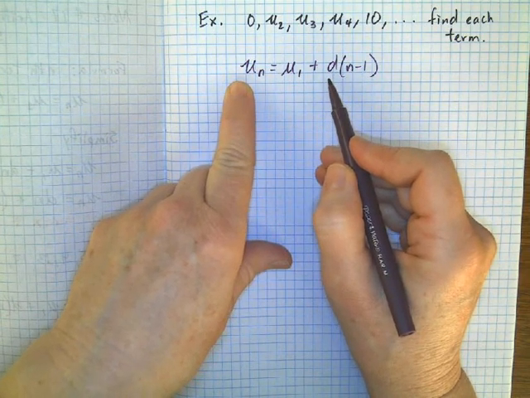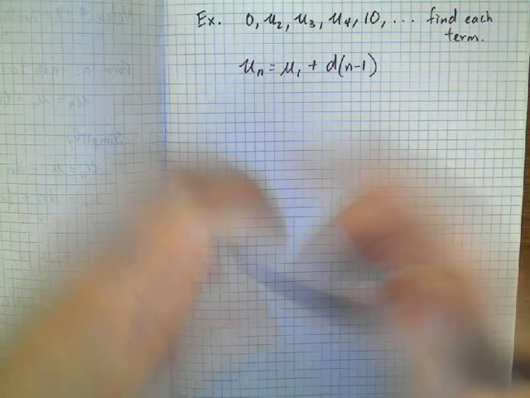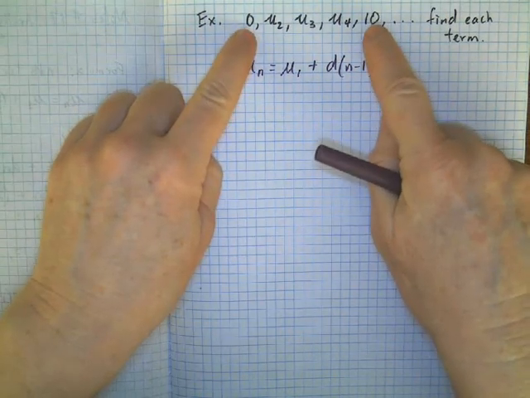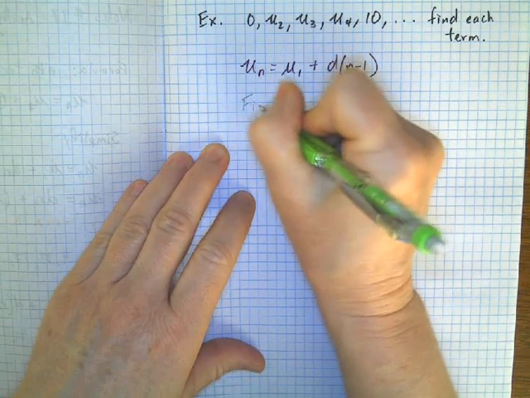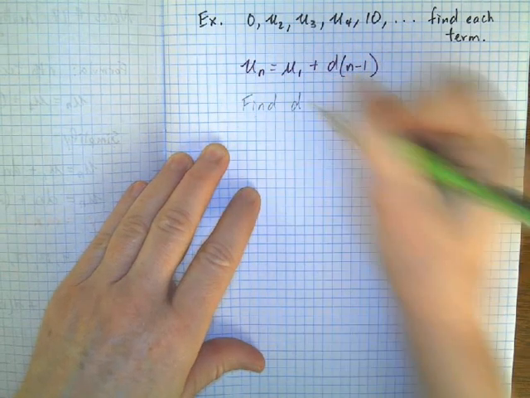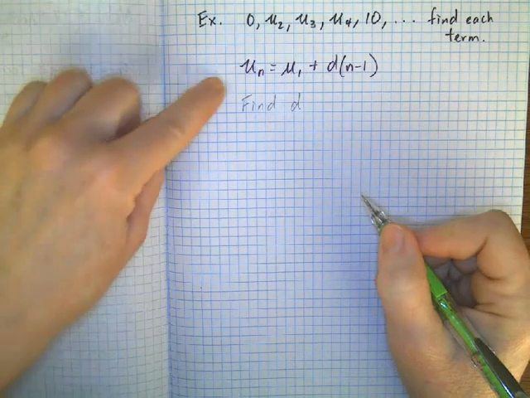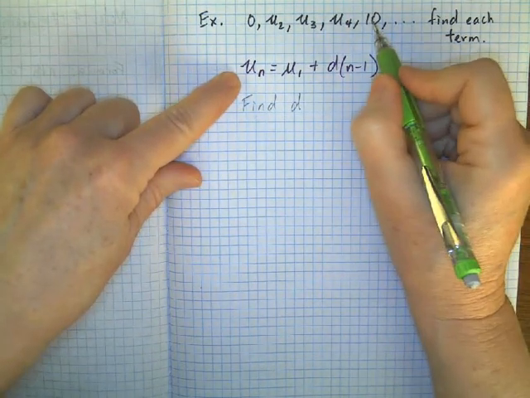To find d, I am going to use these two terms right here. I know that I have 10.